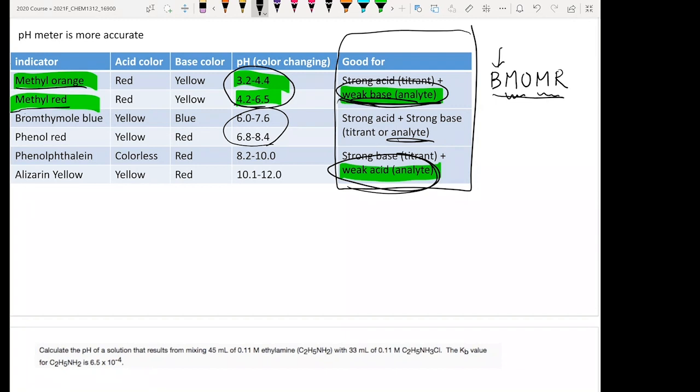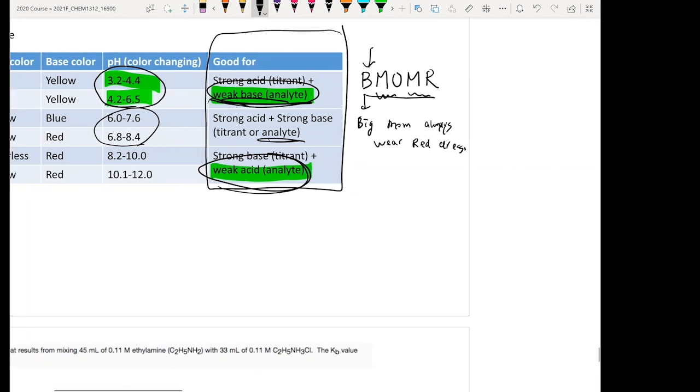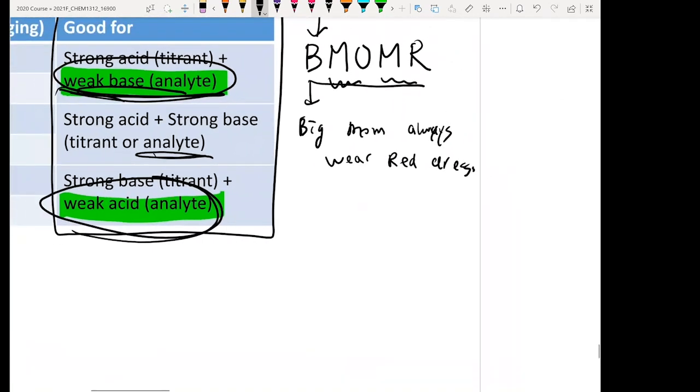And the way I memorize this is: Big Mom always wear red dress. I just create something that I can memorize. So Big Mom red is the way I memorize all these things.